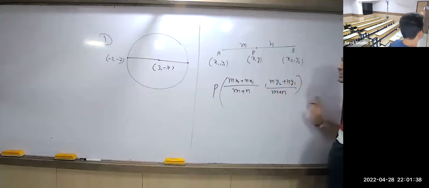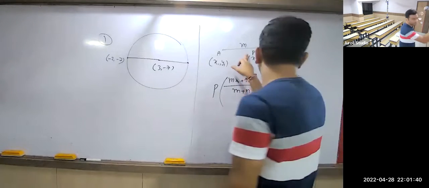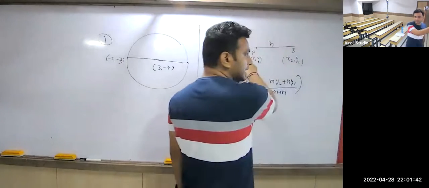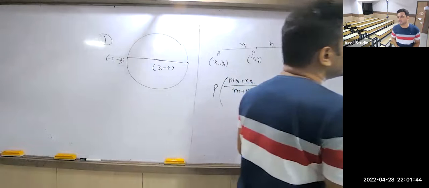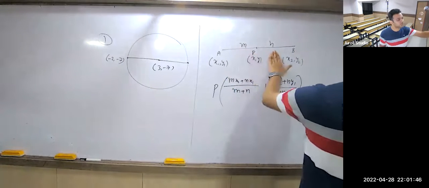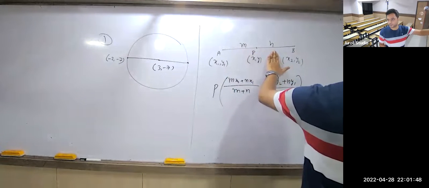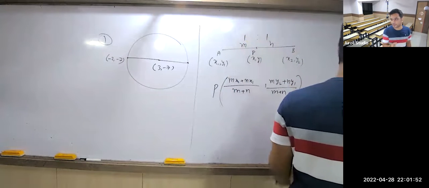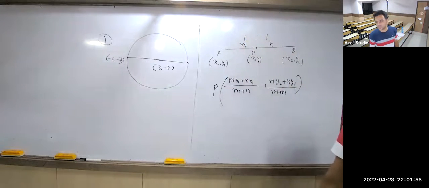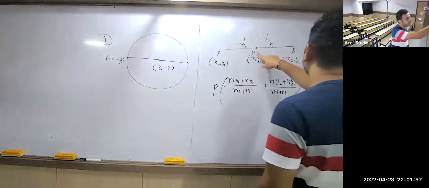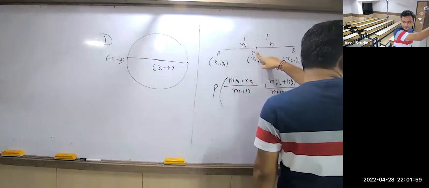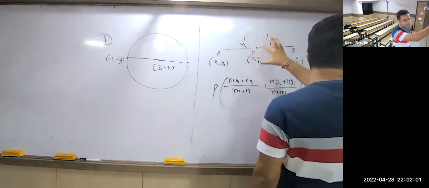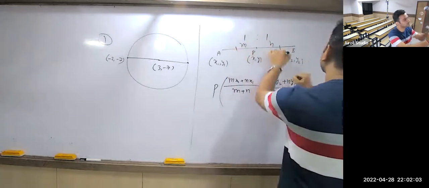This will represent the point P. In the special case, if the ratio is 1:1, can I say P will be the midpoint of AB? If the ratio is 1:1, it means AP equals PB.